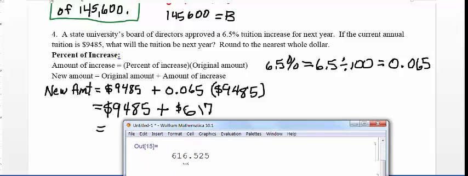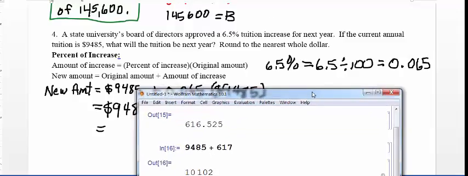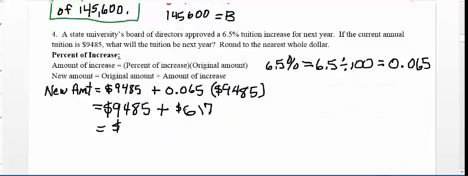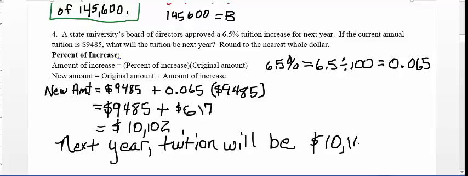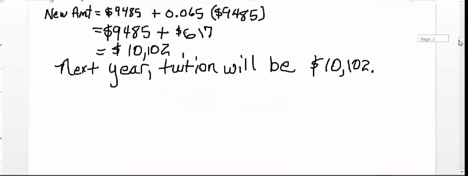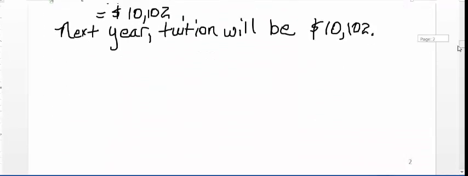So this is $617. And I'm adding that $617 to $9,485. And I get $10,102. So next year, tuition will be $10,102. And that's how I actually calculate that.